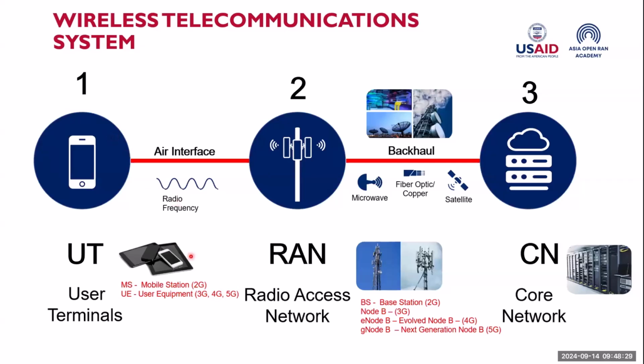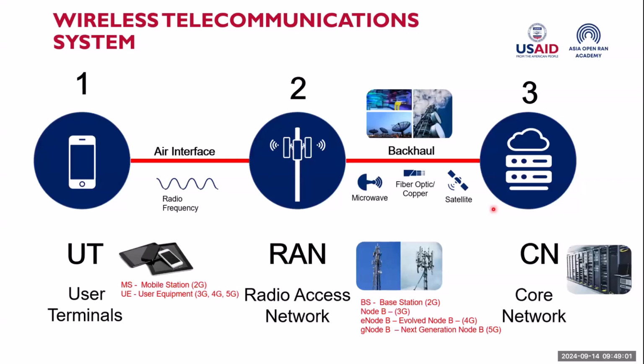The user terminal could be a mobile station for 2G, or a user equipment for 3G, 4G, or 5G. The radio access network can also work as 2G, 3G, 4G, or even 5G. The connectivity of the RAN to the core network could be through microwave, fiber optic, or satellite.